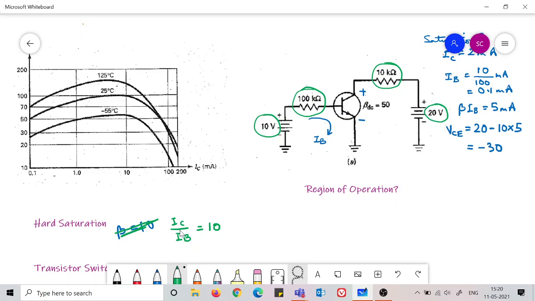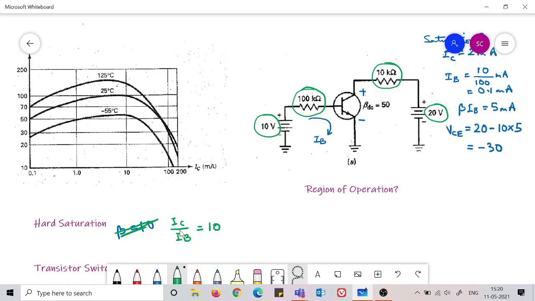Suppose these two are the same voltages. For the analysis, what would be the saturation current? It would be this voltage divided by this resistance, and the base current would be this voltage divided by this resistance.